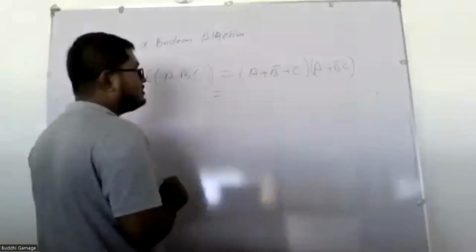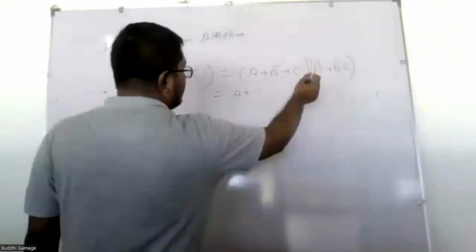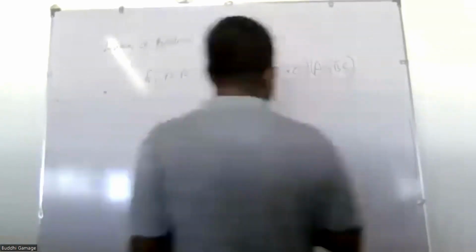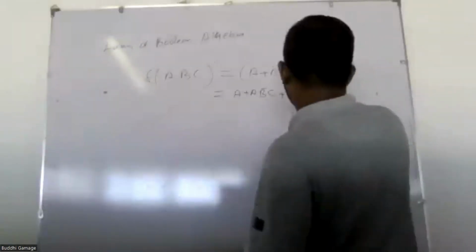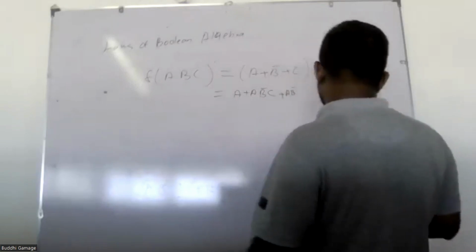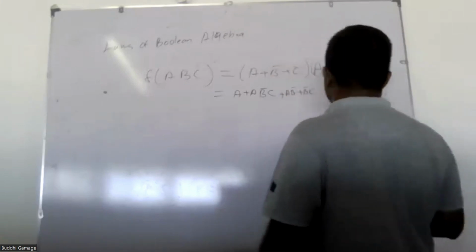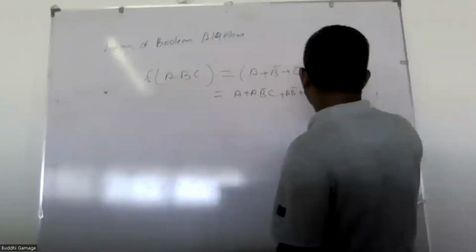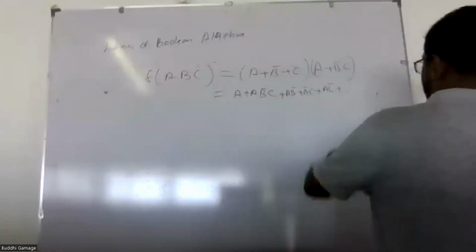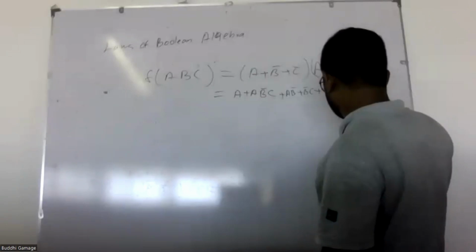A into A is A, and A and B bar C, then A B bar, plus B bar into B bar, which is B bar, and B bar C, and B bar A C bar. C bar into C, what will happen? It will be zero.